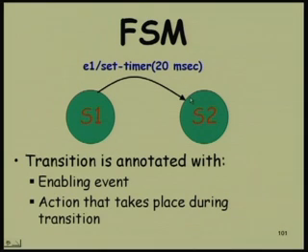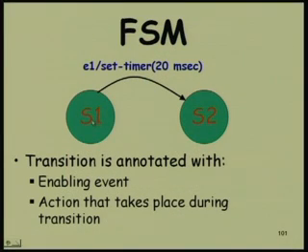For the transition to occur, some event must occur when the system is in state S1. For example, the system is a lift which is stationary and you press the lift up button. E1 is the lift up button, and then let us say you do some action, such as setting the motors on.